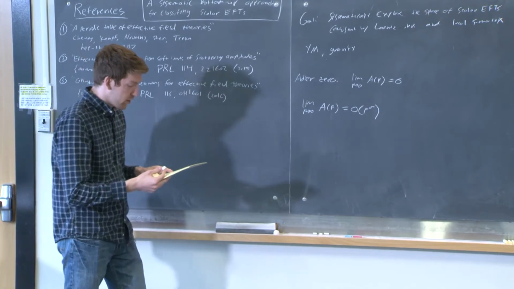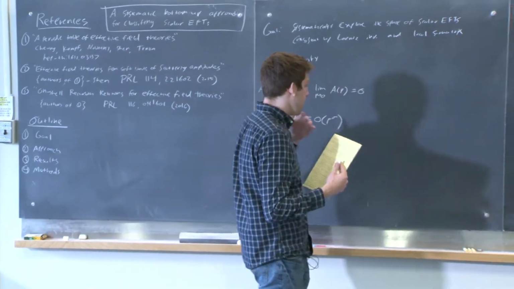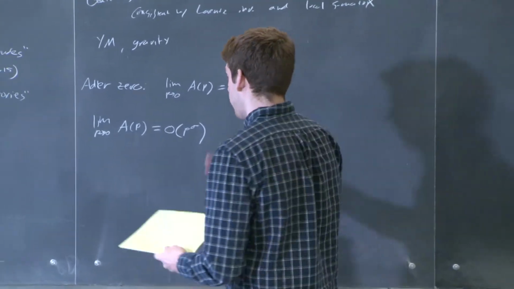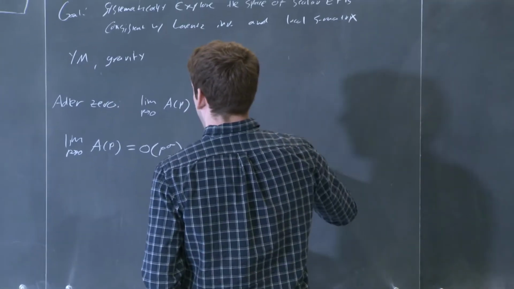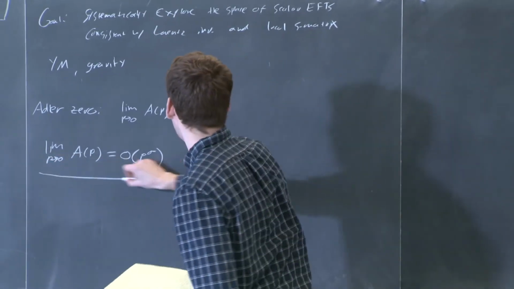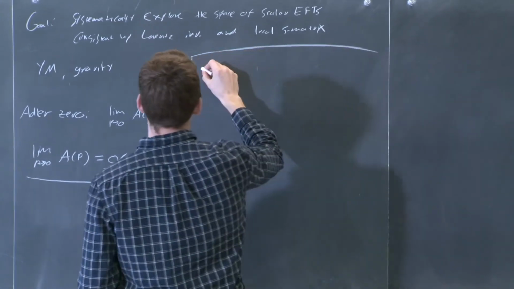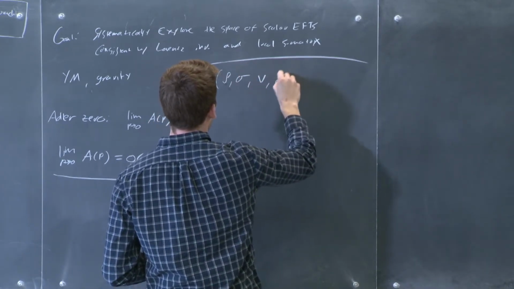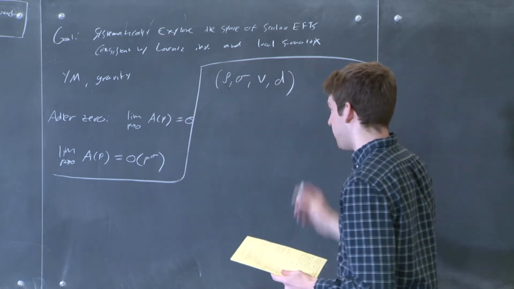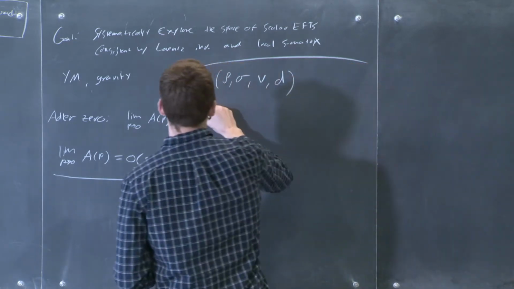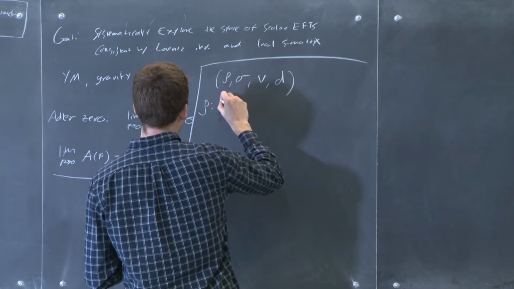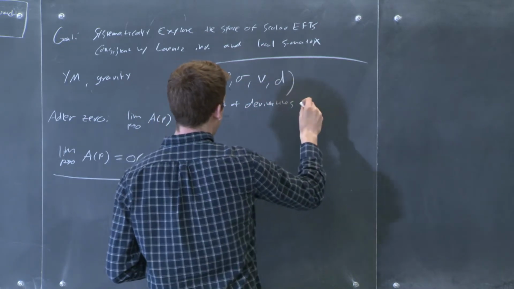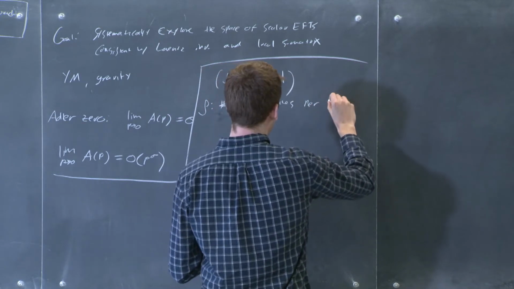So this leads to a method for classifying, or labeling, these theories, which I'll introduce because we're going to work with it quite a bit. Each theory is labeled by a tuple of numbers: rho, sigma, v, and d. Let me write down what these are. Rho is roughly the number of derivatives per field.